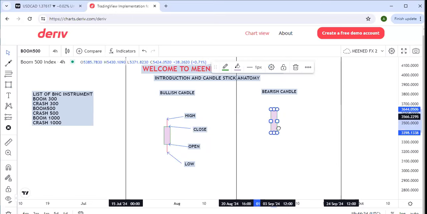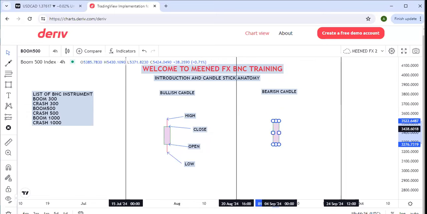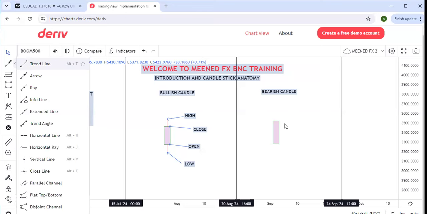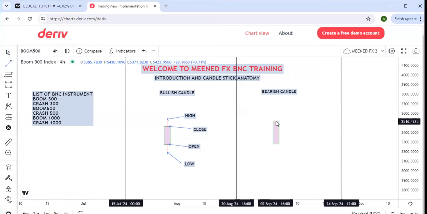What happens is that you have a wick here which depicts the high of the candle, the low of the candle.